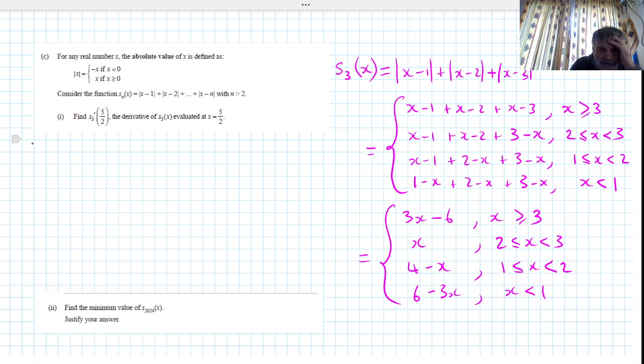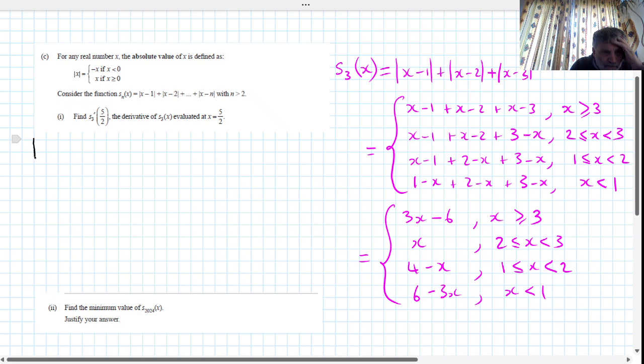What do I want to go up to? I don't think I need to go that high. 9 minus 6 is 3, so yeah, we'll use as much space as we've got.